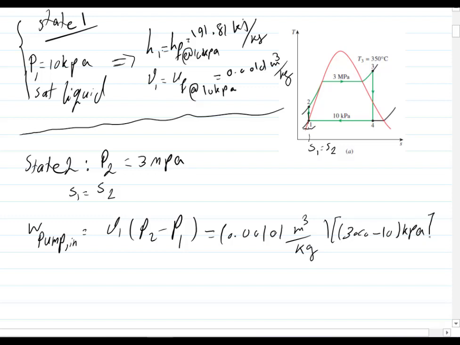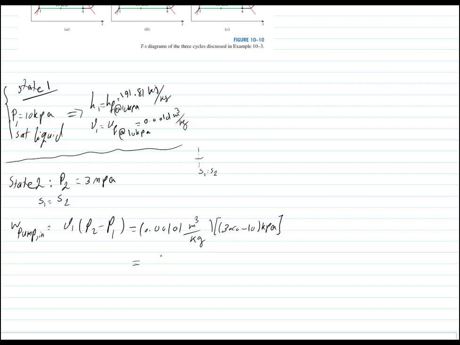Now if we solve this equation, the result of the calculation for W in will be equal to 3.02 kilojoule per kilogram.